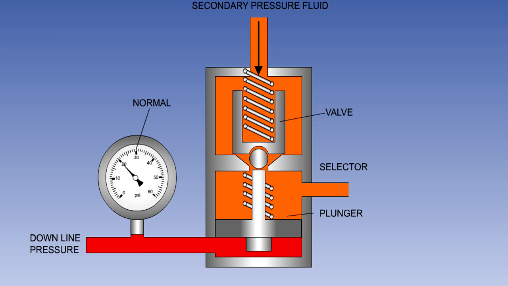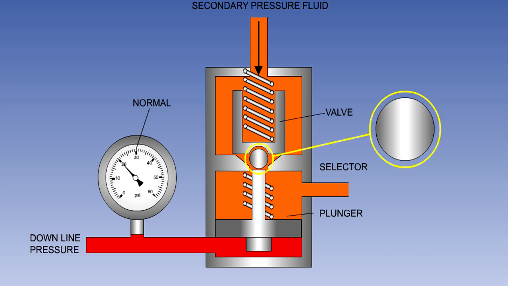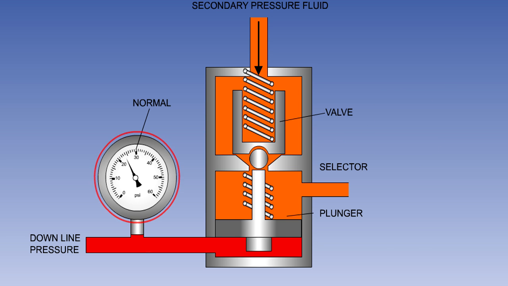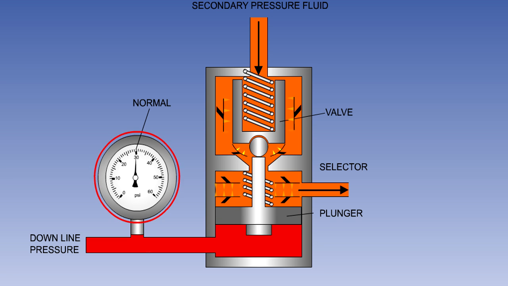Fluid for the next service in the sequence is fed into the top of the valve, with its outlet port on the right. The spring, combined with the fluid pressure, will push the valve onto its seat, sealing the orifice. Once the first service reaches the end of its travel, pressure will now build up below the plunger. The plunger will move up, pushing the ball valve off its seat and allowing fluid to flow through to the next service.